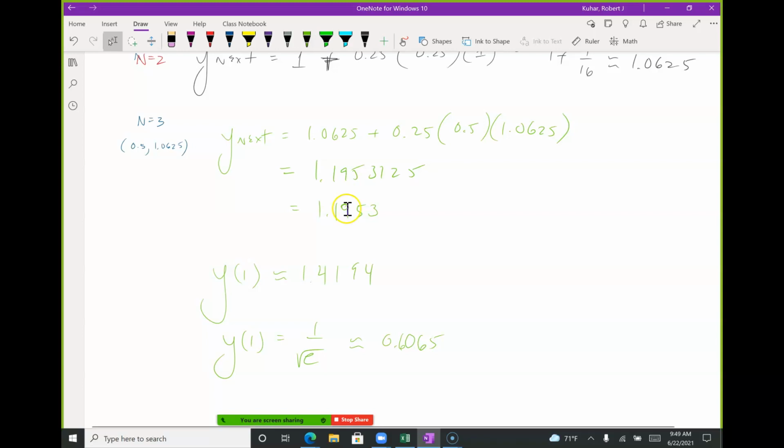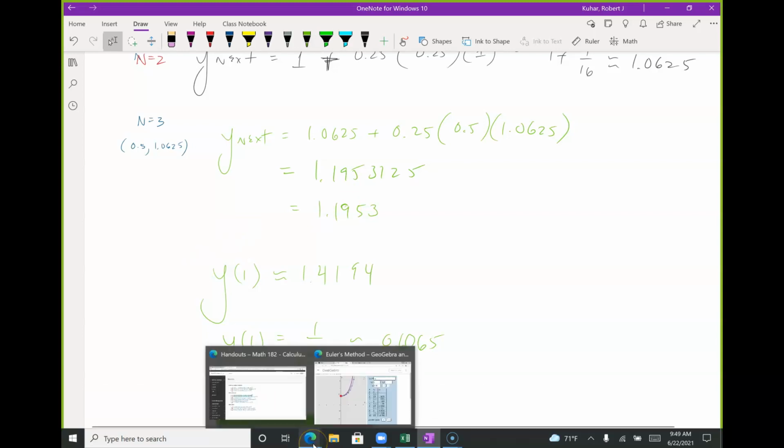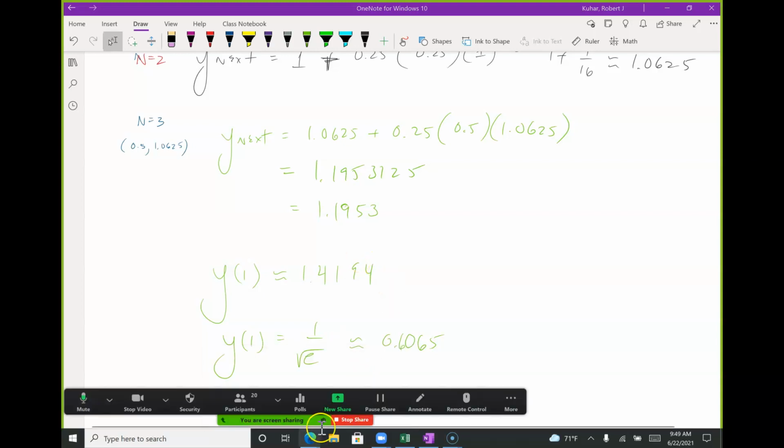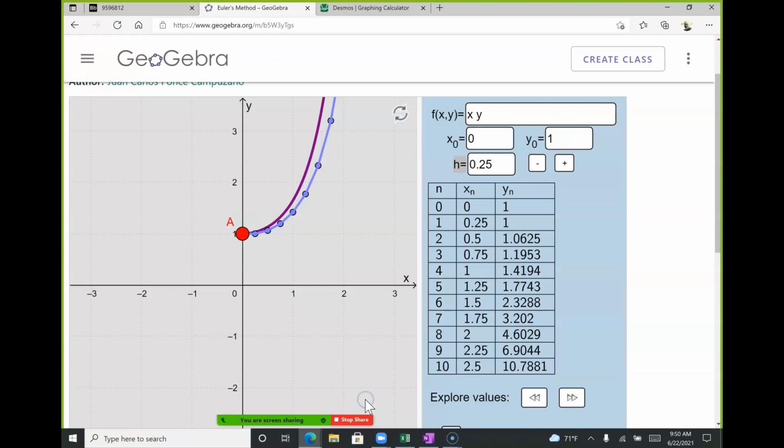And you can see on my Juan Carlos app, with an h value of 0.25, there's the initial value, and there is my approximation.